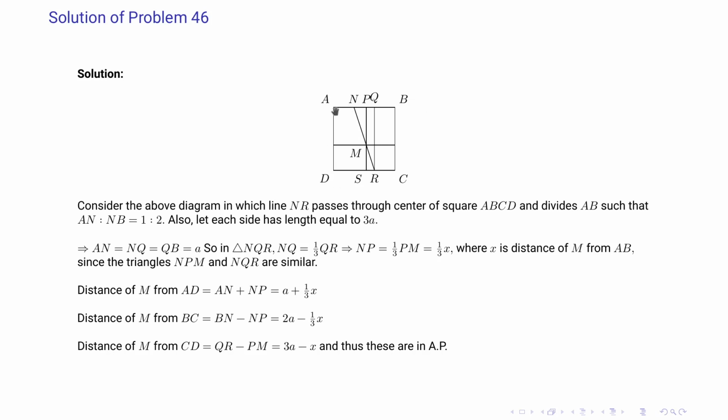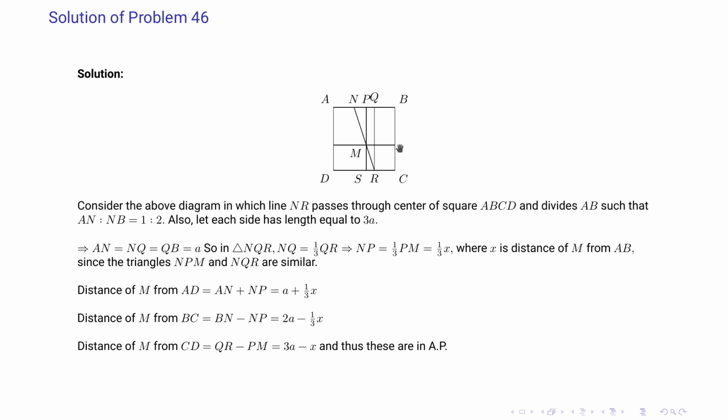We have considered each side to be 3a. So we draw the line NR here, which goes through the center of the square such that AN is to NB is equal to 1 is to 2. Since this is 1 is to 2, the other side, that is DR is to RC, would be 2 is to 1 because it passes through the center.